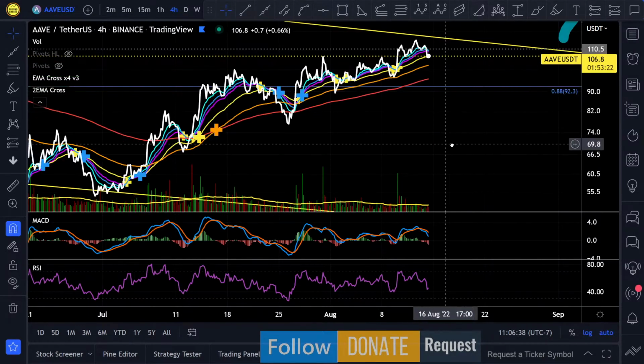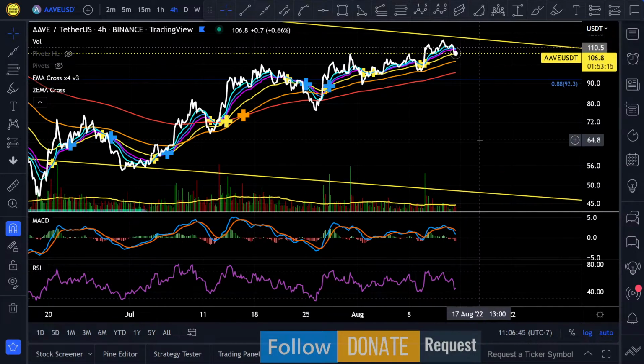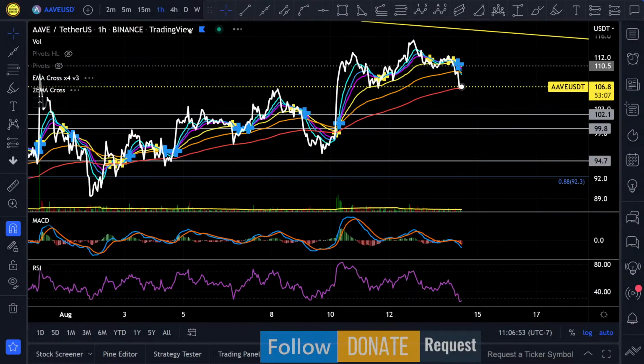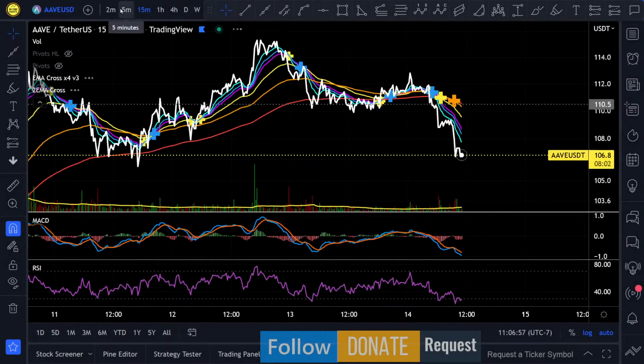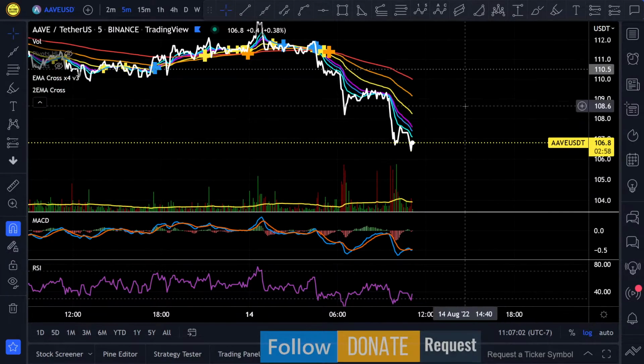If we flip over to a 4-hour, it's still in the 4-hour uptrend, so it's not likely to crash down to $50 in one day. It's most likely going to retest one of these two supports just below it, 102, probably $100 as well, 95. It's already at 106. The 5-minute and 15-minute are definitely looking like a little bullish oversold setup.